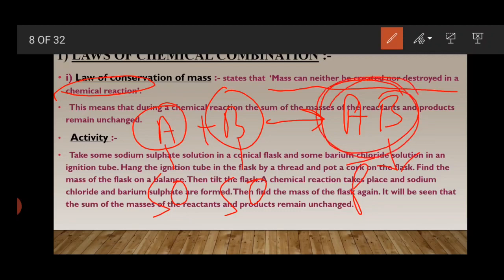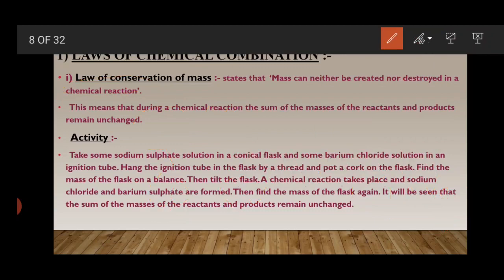So when A reacts with B, suppose A has a mass of 50 gram and B has a mass of 50 gram. Before the reaction, A and B are individual and are known as the reactants. After the reaction, they get converted into a result called the product.